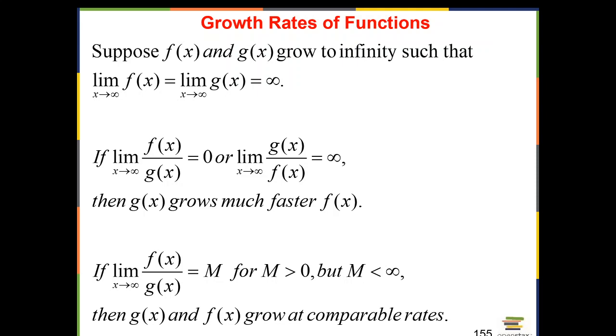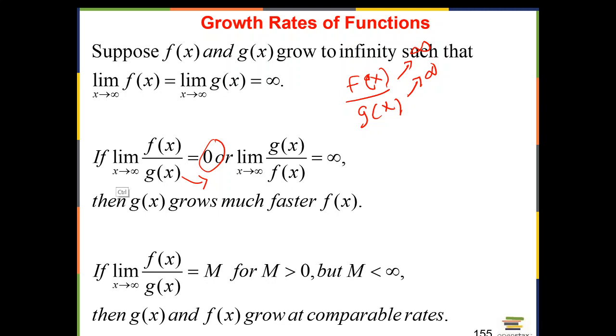Now growth rates have to do with the ratio of two functions. If you have a ratio of two functions, let's say f of x over g of x, and both of these go to infinity, then we use L'Hopital's rule to find the limit. If the limit is 0, we say that the denominator grows much faster than the numerator.